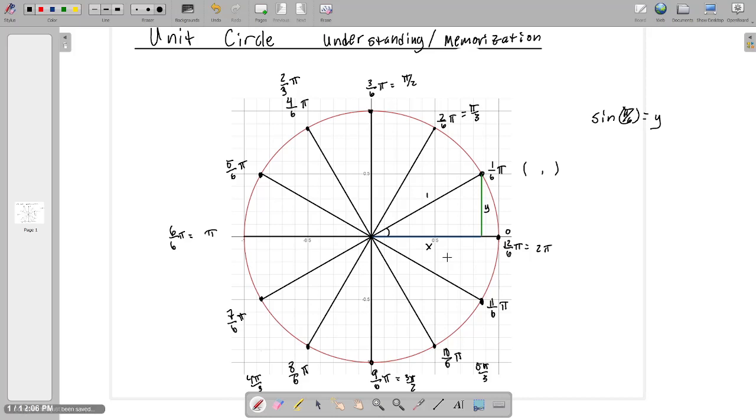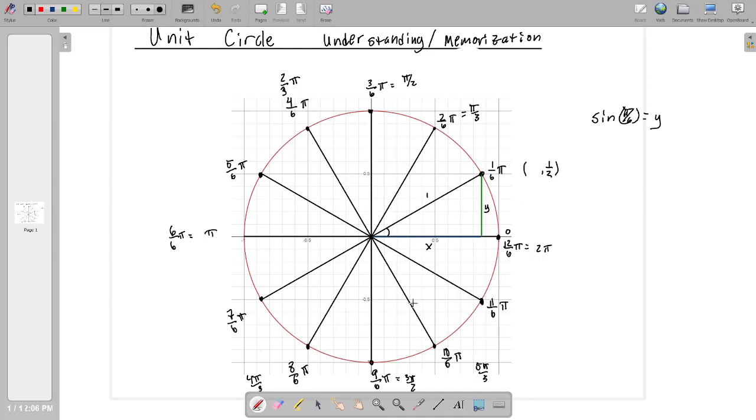Now this is important because we talked about this in chapter 6, where we derived the ratio for sine and cosine for these particular angles, pi over 6 and pi over 3. Now if you remember, sine of pi over 6 is actually 1/2.